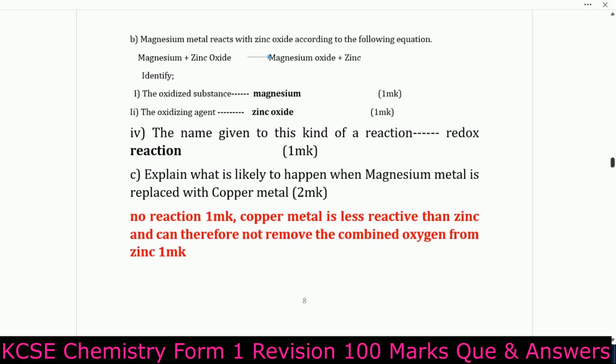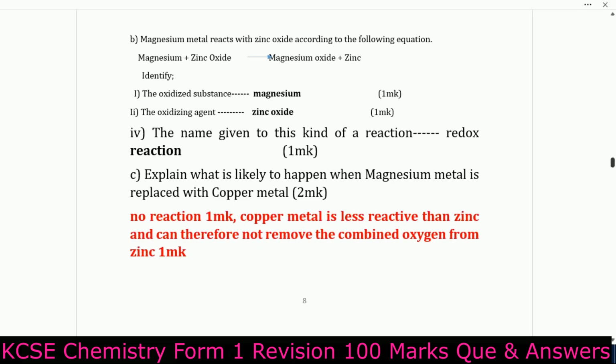You get magnesium oxide plus zinc. You're told identify Roman 1 the oxidized substance. That one is magnesium. But Roman 2 the oxidizing agent. That one is zinc oxide.